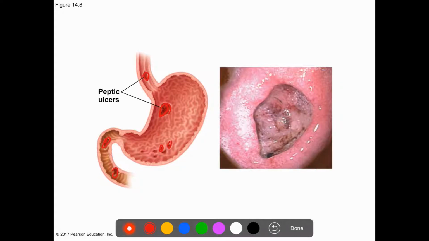And as we said, this is a result of a damaged mucus layer. So the mucus layer is gone, and therefore there is no protection against the gastric juice.